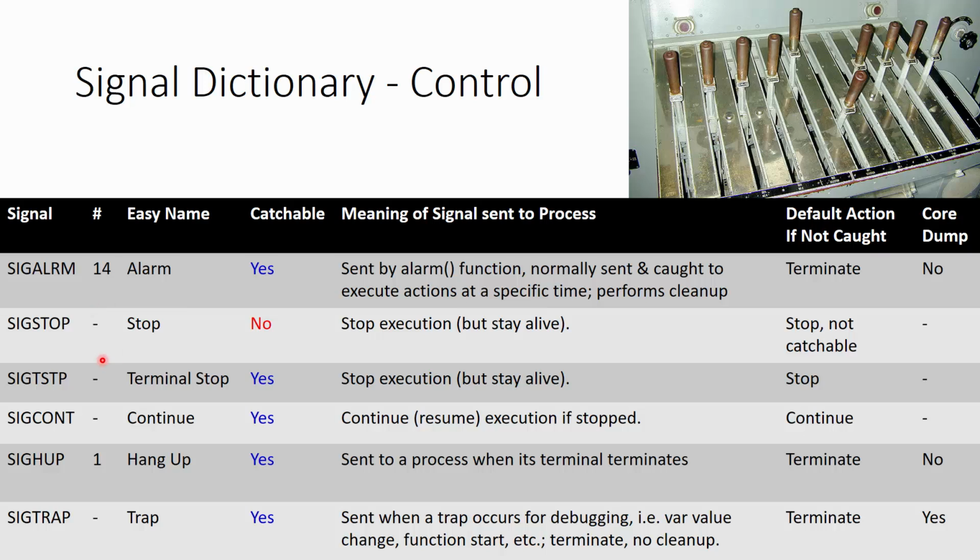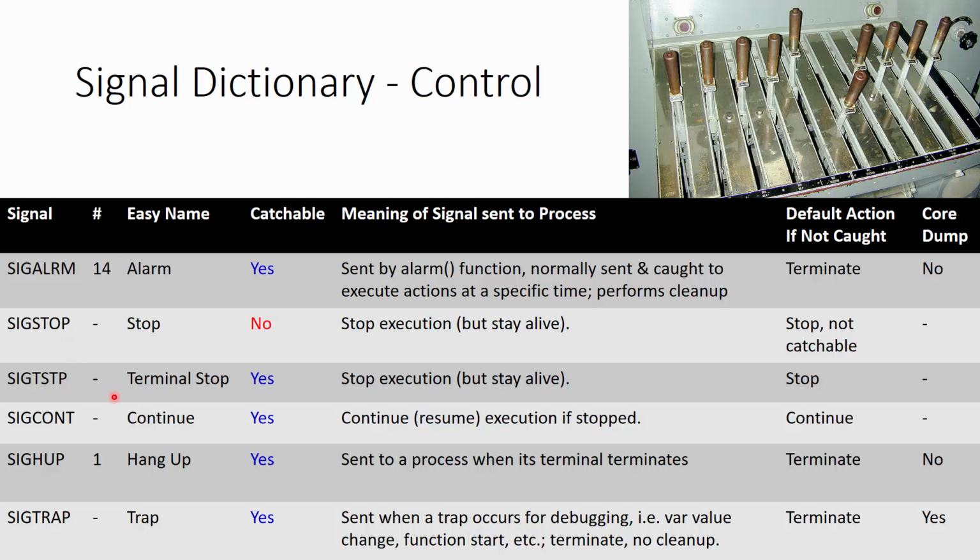The stop signal is again in that same vein of signals that cannot be caught. So this one and sigkill, these cannot be caught. There's no choice. This is going to stop execution. In the same way, when you're at the keyboard and the shell and you hit Control-Z and it stops your process, that's the kind of stop we're talking about. This one cannot actually be caught.